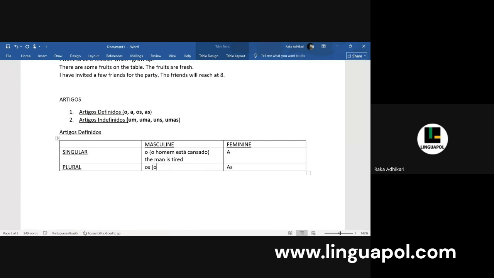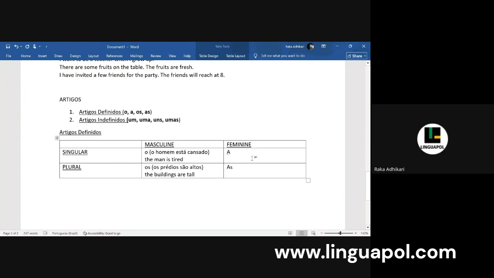Then let's see the plural version. For example, os prédios são altos. Prédio means building, alto means tall. So what is the meaning of the sentence? The buildings are tall. Yes.